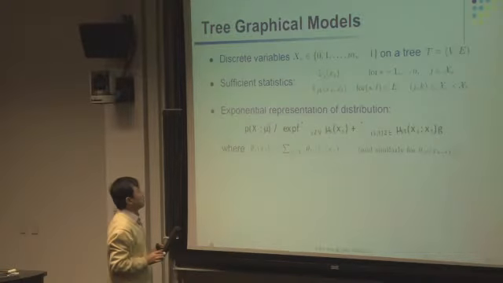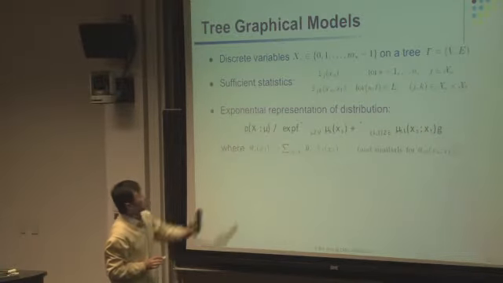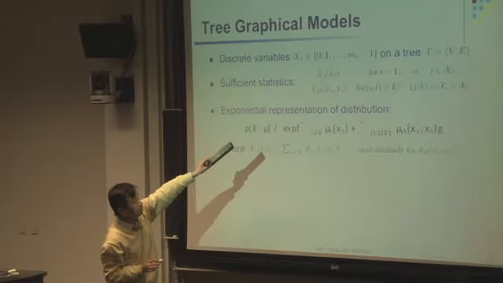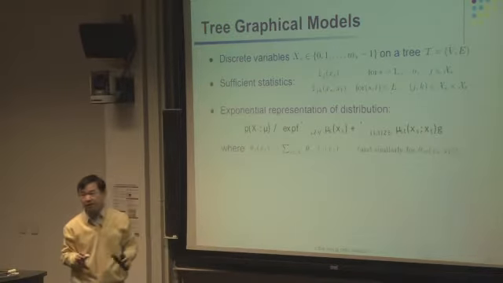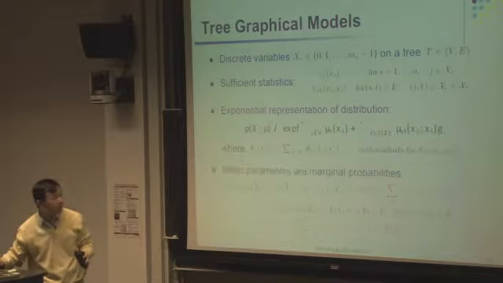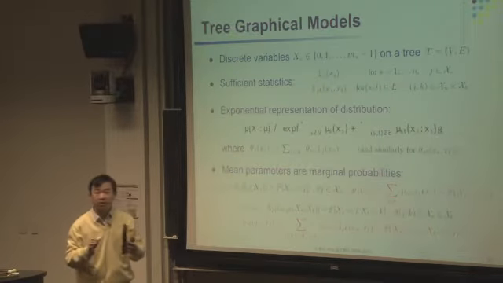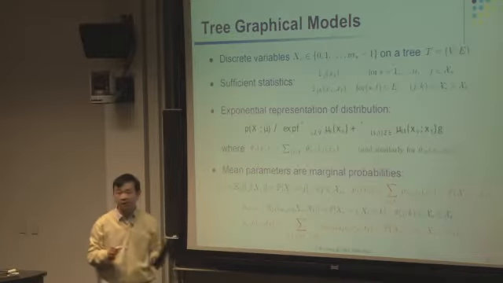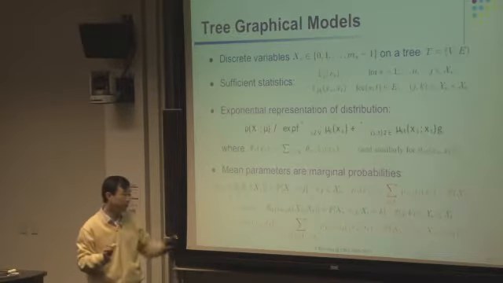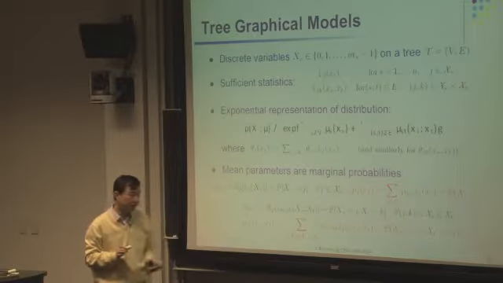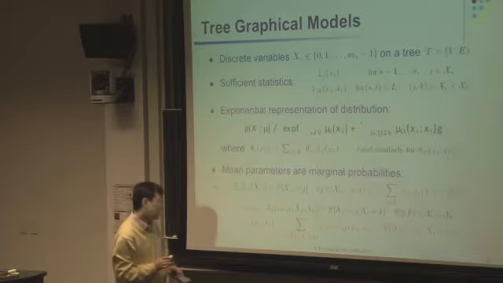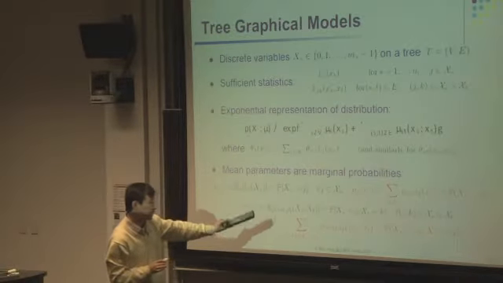And the sufficient statistics are defined as those indicating the states of a singleton or a pair. Your mean parameter is basically the marginal probability of a singleton and a pair. That's basically your inference task, so your goal is to compute these two mean parameters. Okay? And that's basically the definition of all that.